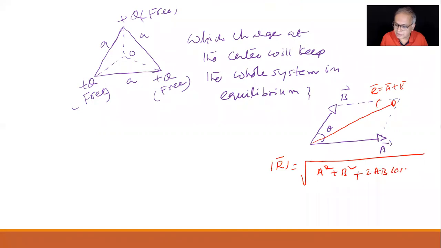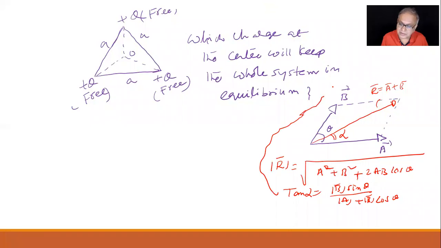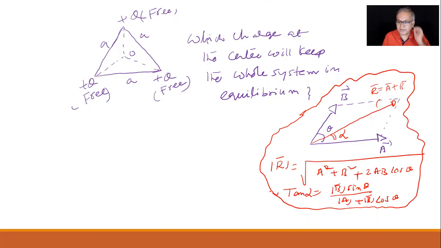And tan alpha equals, the direction for the resultant will be, if A is here, B is there, mod B sin theta by mod A plus mod B cos theta. This I'll be using very liberally in all our questions. This is the law of parallelogram of vectors or triangle of vectors, anything you can call. And this is the cosine rule for it.